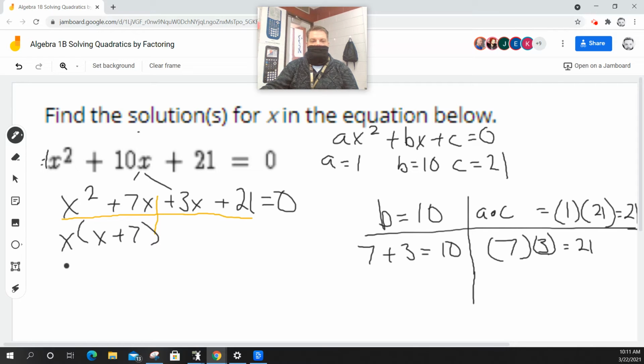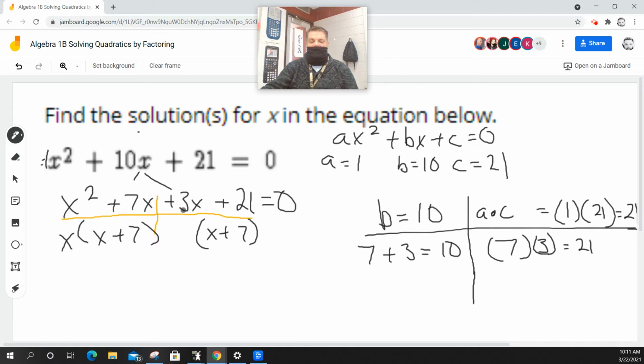Again, it's a good habit to go back and say, okay, what's this times this? Well, x times x is x squared. So far, so good. X times 7 is 7x. Works out so far. Now, if I'm doing things right, I should be able to factor something out here, and in this one, get x plus 7.